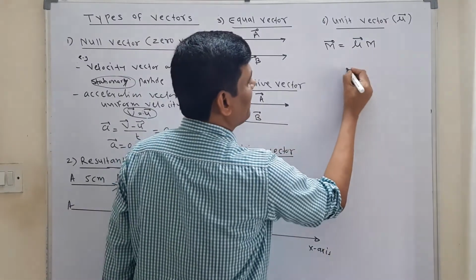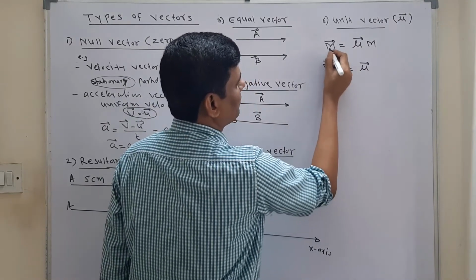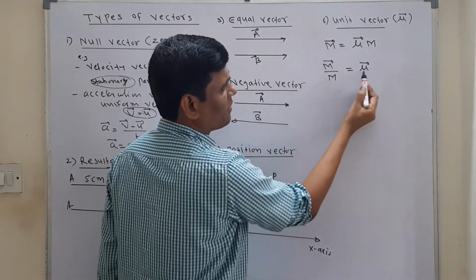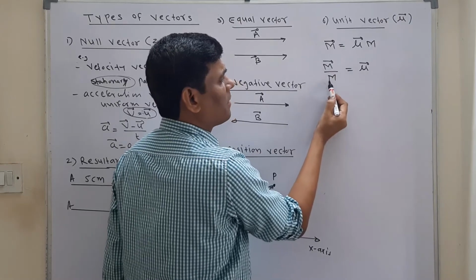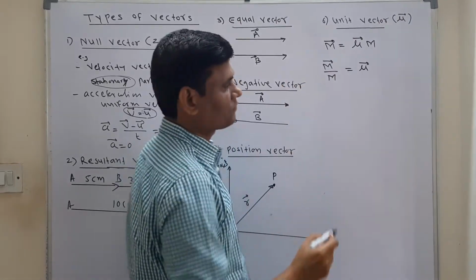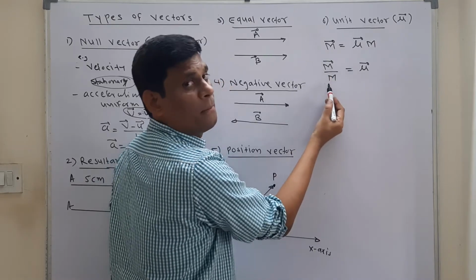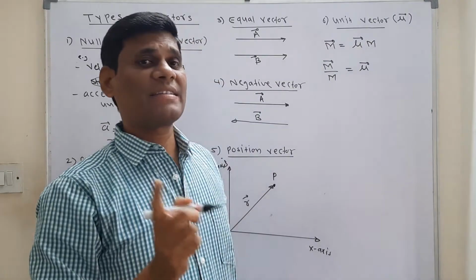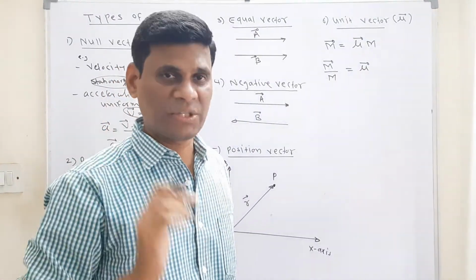You can write mathematically this way also. Unit vector is equal to vector upon m. This is the vector, this is the magnitude. So a unit vector is the ratio of a given vector to its magnitude. Okay. Now for the x-axis, y-axis, z-axis, we use the unit vectors i, j, k respectively.